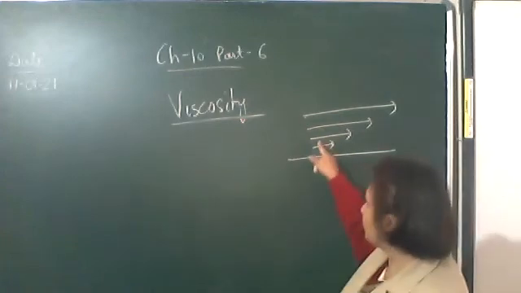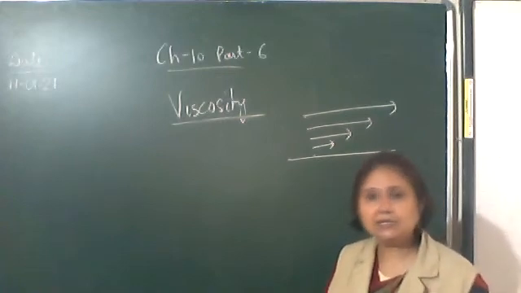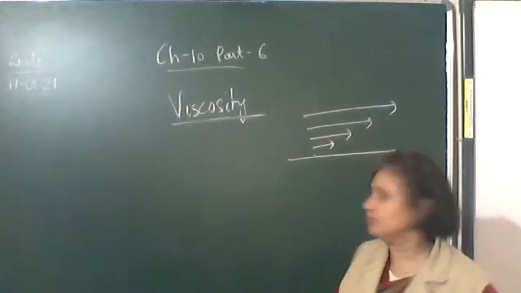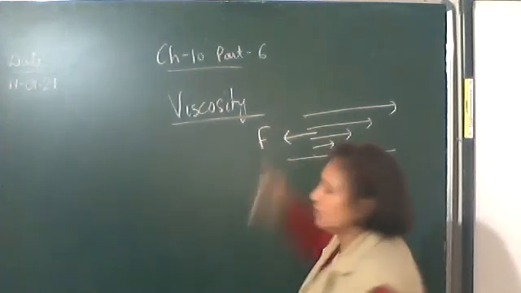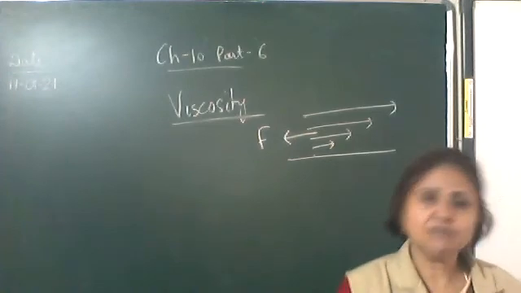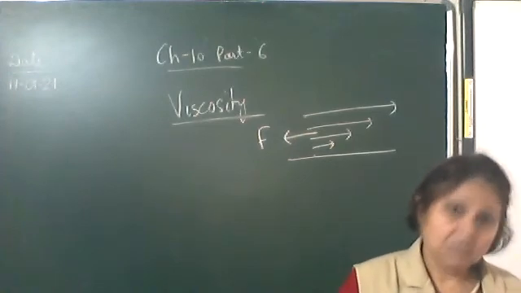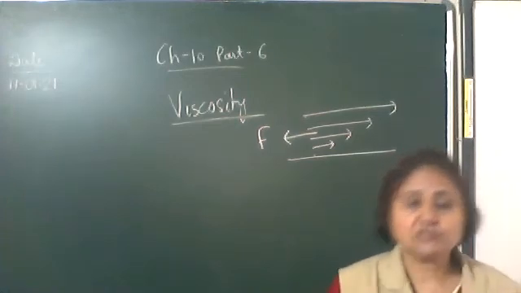So here also, between the layers of the liquid, there is some frictional force acting, and this frictional force we call the viscous force. This property of the liquid in motion we call viscosity.